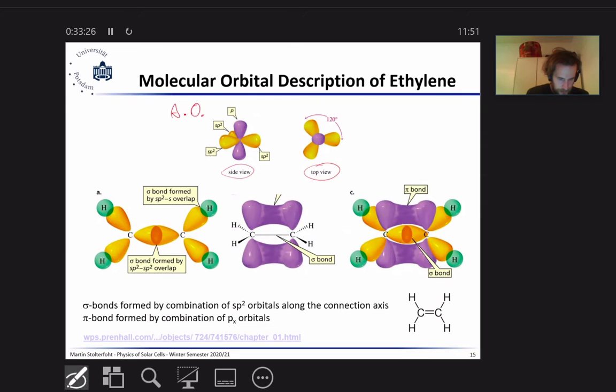In the ethylene case, sigma bonds are formed by a combination of sp2 orbitals along the connection axis, as shown here. And this we have just discussed. And the pi orbitals form from the pz orbitals, as shown here. And that's the chemical structure indeed.